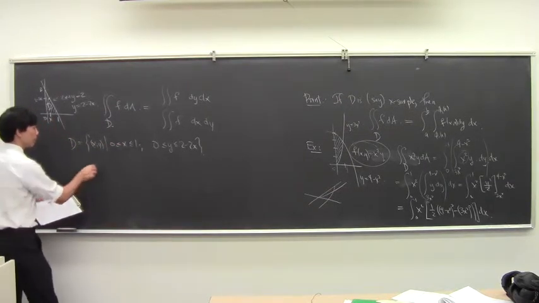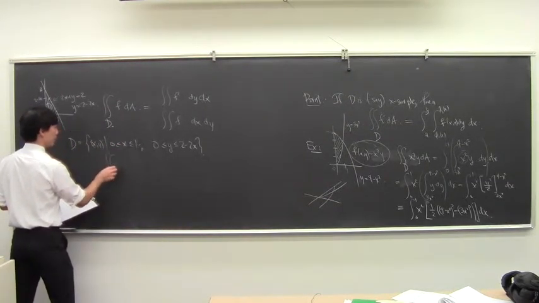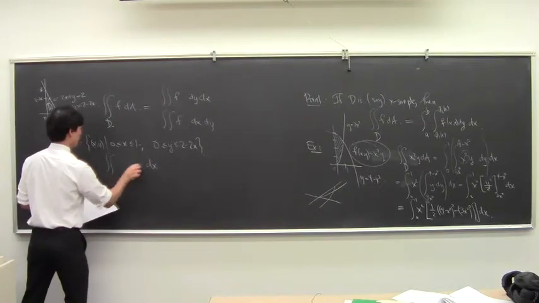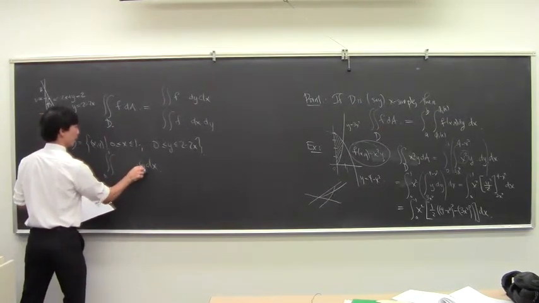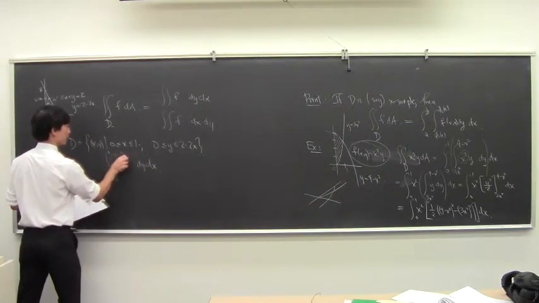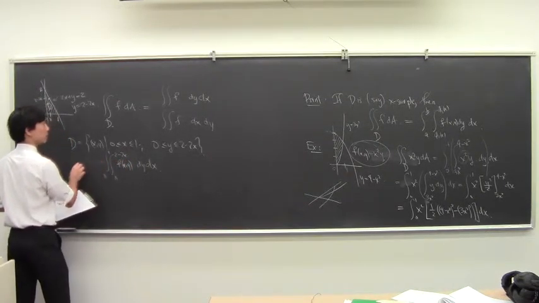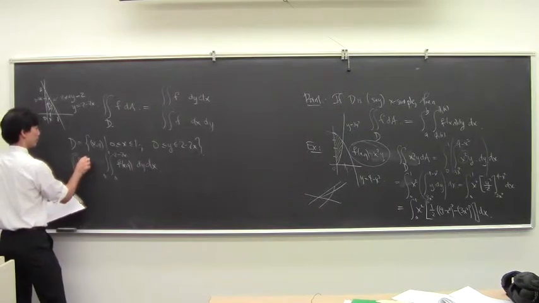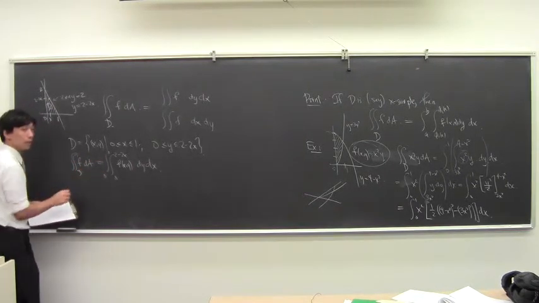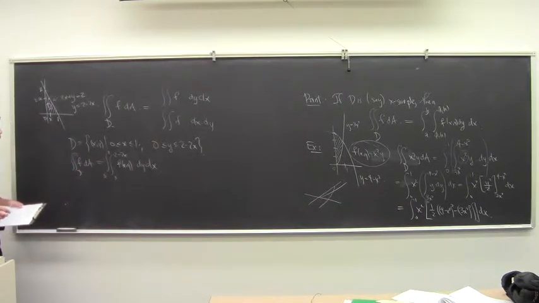And so when we set up the integral, x ranges from 0 to 1, and y ranges from 0 to 2 minus 2x. So the double integral is that.